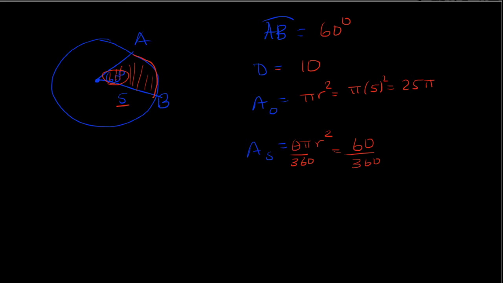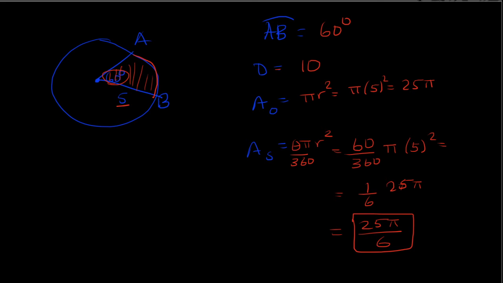So taking the area of that sector is the same thing as taking the area of 1/6 of the circle. So that'd be 1/6 times 25 pi, which is just 25 pi over 6. And that's the area of the sector.